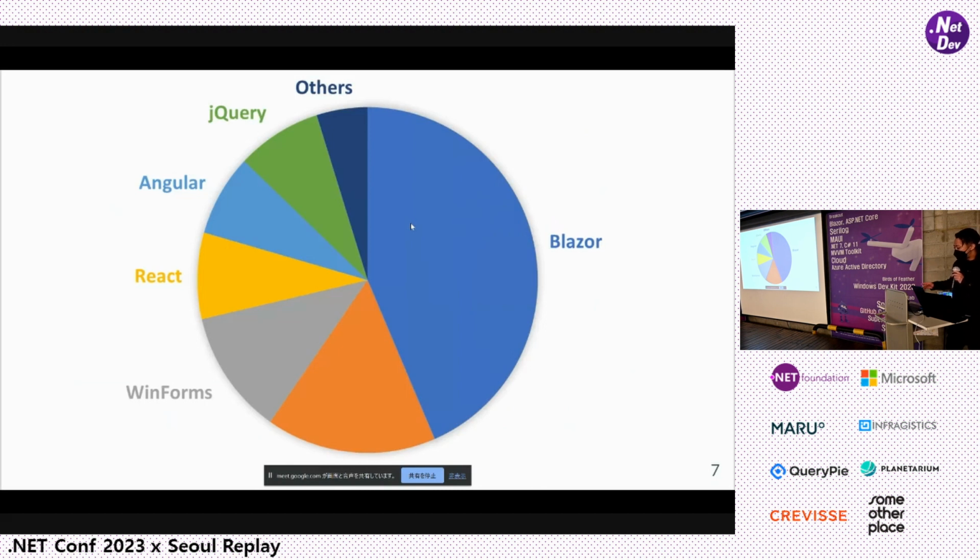As you can see, in around 44% of the 246 meetings, the customer was interested in Blazor. Most of them say, we have to begin web application development. We are looking for which framework is the best. How about Blazor? I heard this kind of question 100 times.